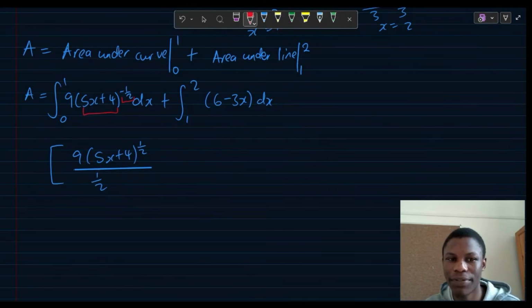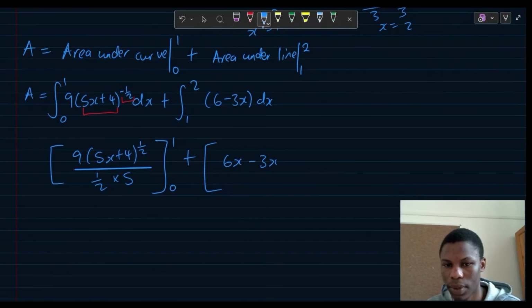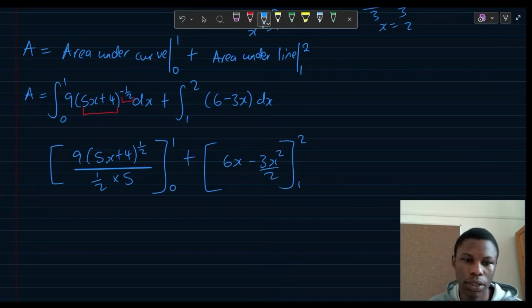So if you differentiate 5x plus 4, you get a 5. And that's that. We're integrating from 0 to 1 plus, now let's integrate this. So integrate the 6, you get 6x, negative 3x, add 1 to 1, you get 2, divide by the new power, and this is from 1 to 2.